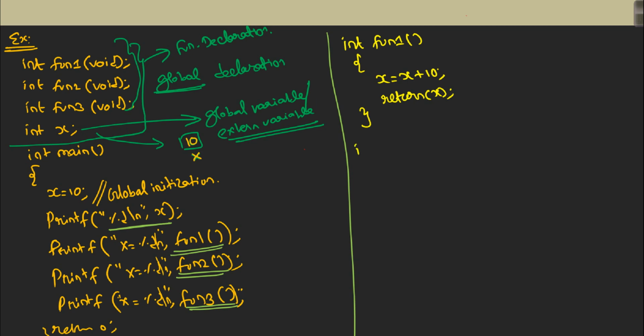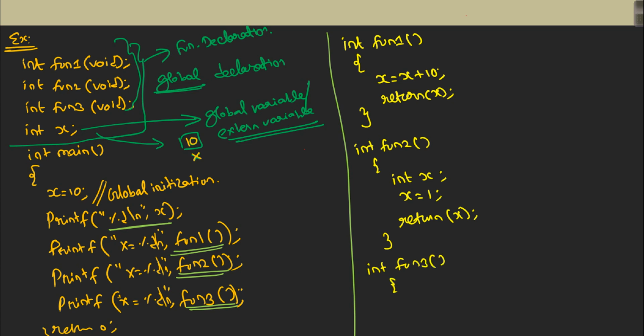Then int function2(): int x is equal to 1, return x. Then int function3(): x is equal to x plus 10. Okay, that's all. Now we will trace the output.